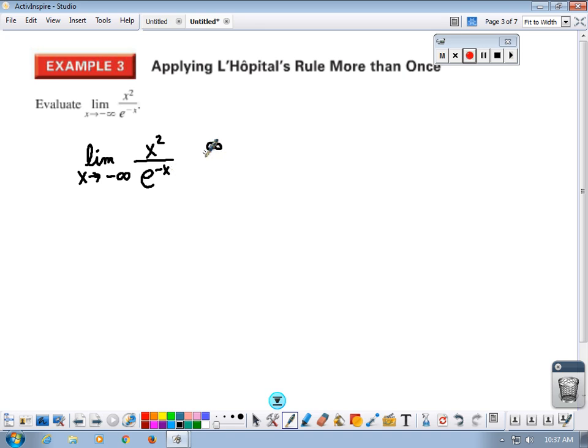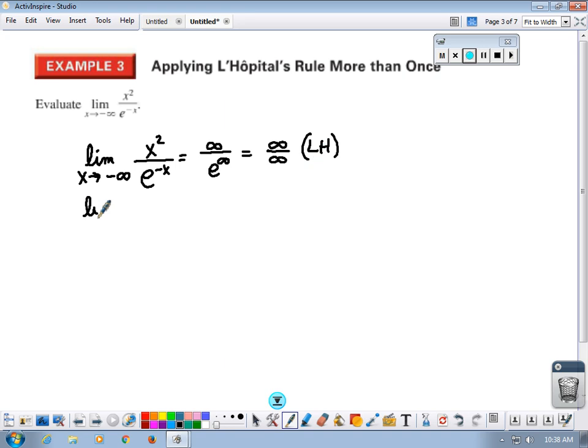That would change your numbers to positive numbers, so we're going to put positive infinity. And then e to the negative x, well, you're putting in negative big numbers, or negative small numbers, I should say. A negative times a negative is a positive, so you really have e to the infinity in the denominator. So that's the infinity over infinity case. So we can use L'Hopital's.